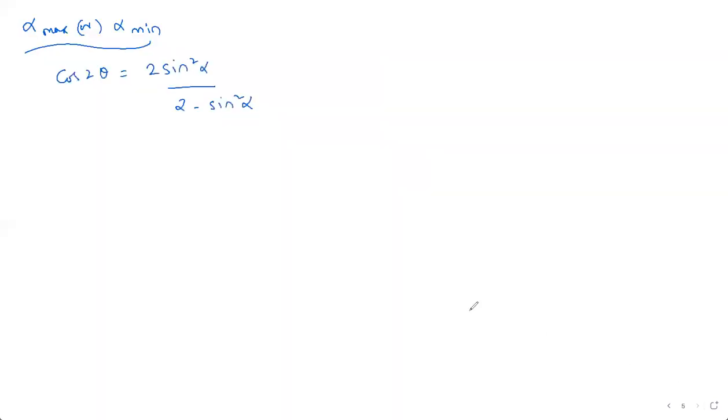So I'm going to do the calculation right now. It is 2 into sine square alpha by 2 minus sine square alpha. We are going to do this. So we found cos 2 theta is equal to 0.196.